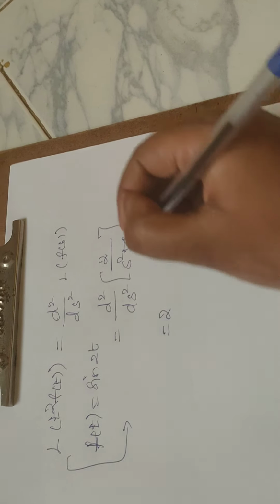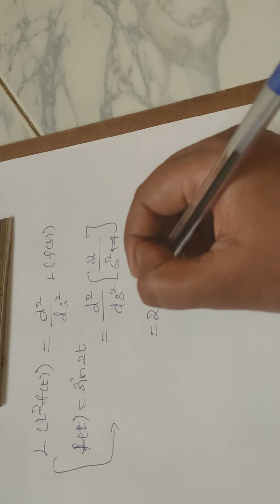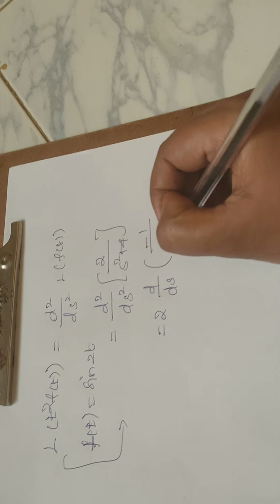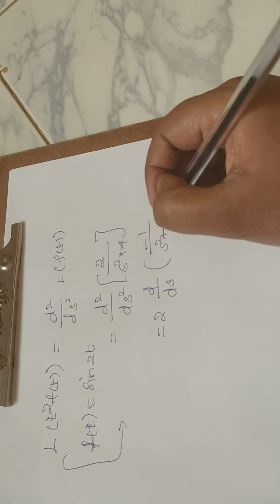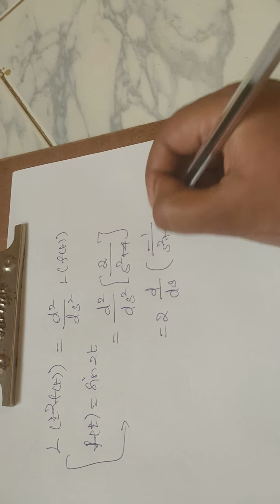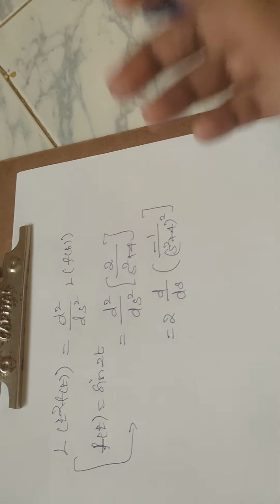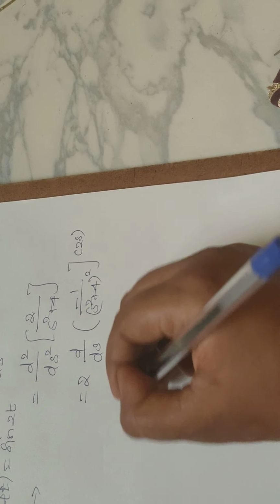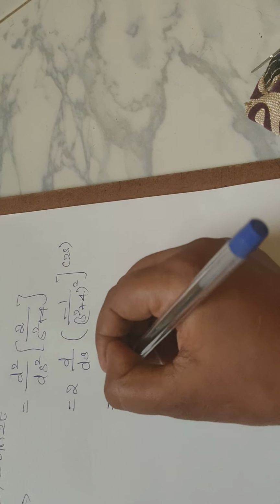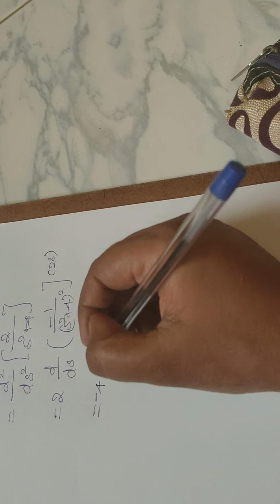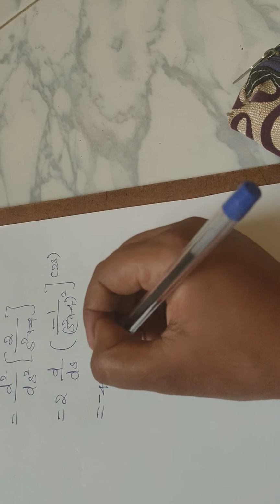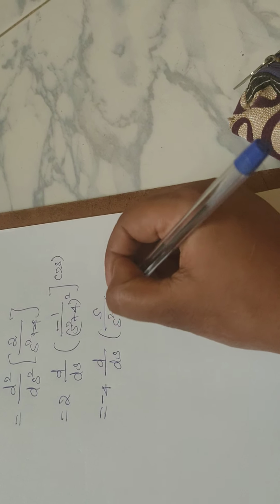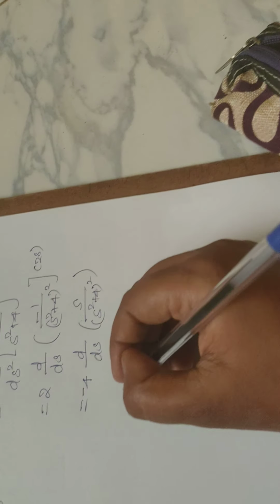So 2 is constant, 1 by s square plus 4. First differentiation, d by ds gives minus 1 by s square plus 4 the whole square into 2s, then 4 minus 4 you can take outside, d by ds of s by s square plus 4 the whole square.